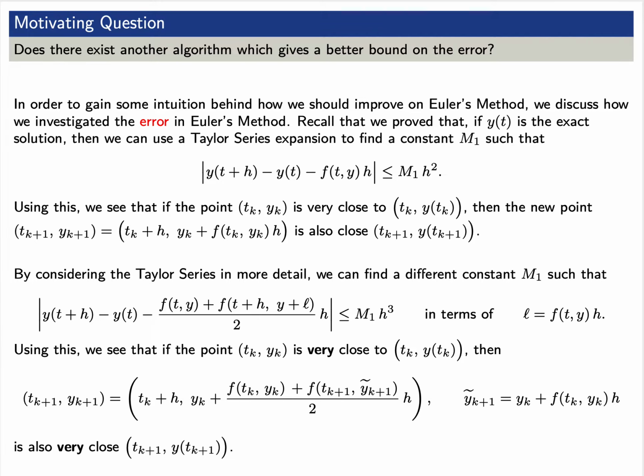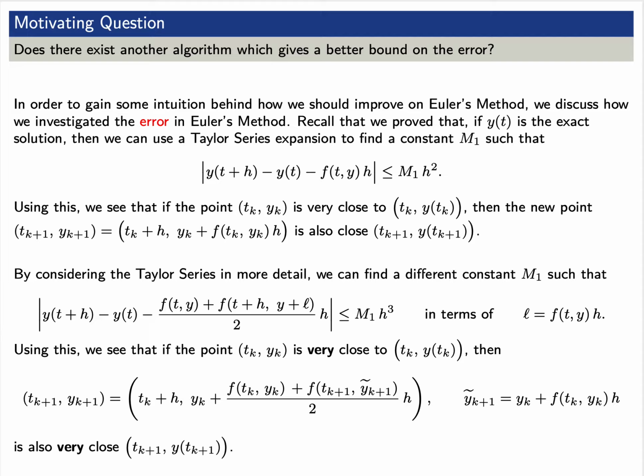Using this, we see that if the point (tk, yk) is very close to the actual point (tk, y(tk)), then the new point (t_{k+1}, y_{k+1}), which is equal to tk + h, yk + [f(tk, yk) + f(t_{k+1}, y tilde_{k+1})]/2 times the step size h, is also very close to the actual point (t_{k+1}, y(t_{k+1})).